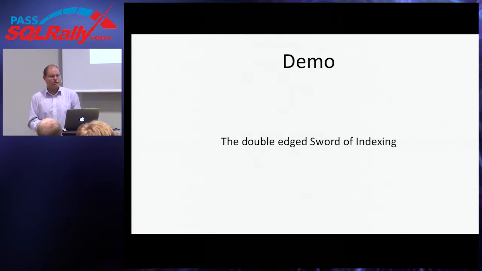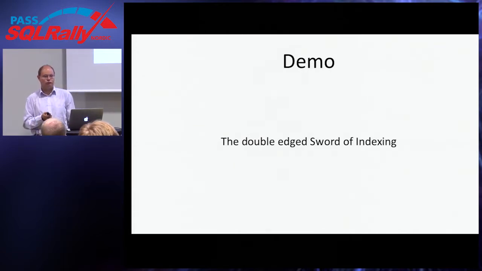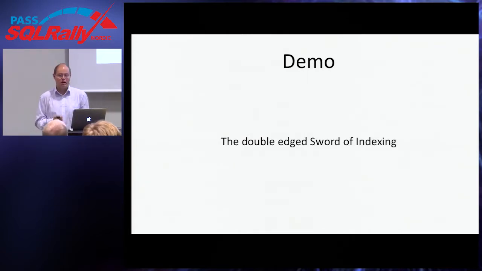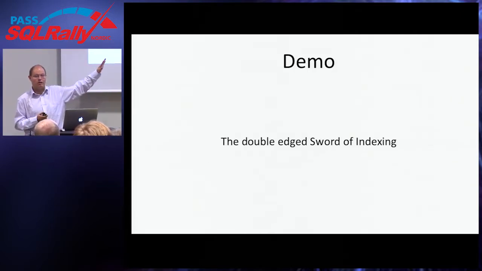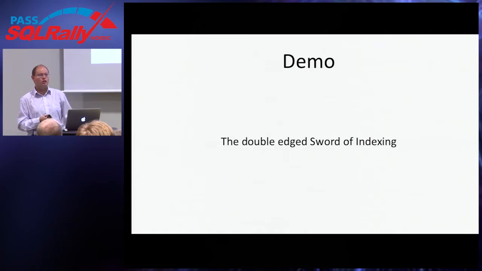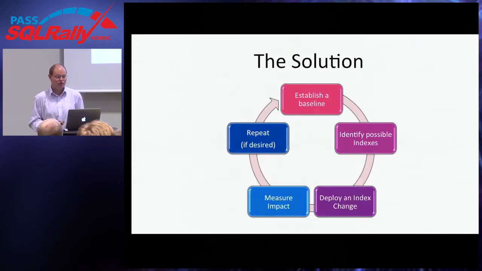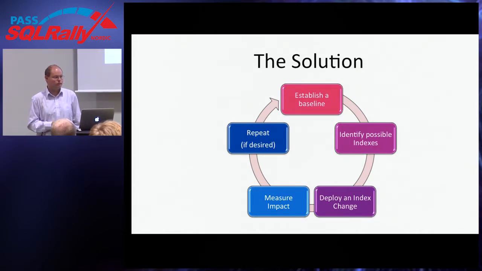So the question now is how we can measure in an easy, automated way whether the index changes that we have done are good ones or bad ones. The solution that I want to show you today is the following.